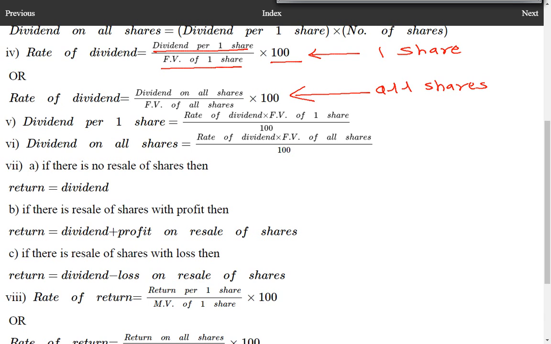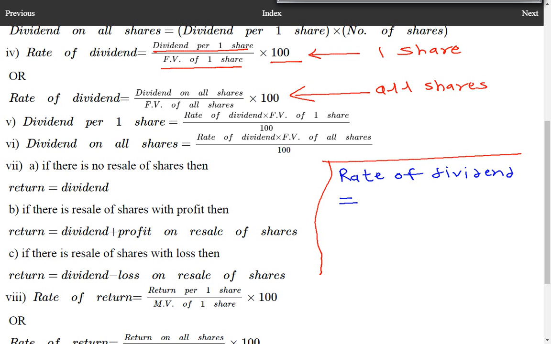Basically, if you note, rate of dividend is always expressed in terms of percentage of face value. It is never calculated on market value. It is always calculated on face value.